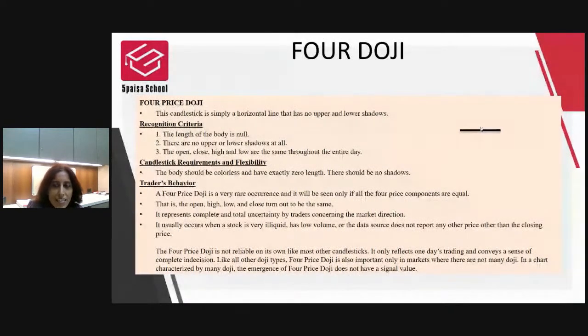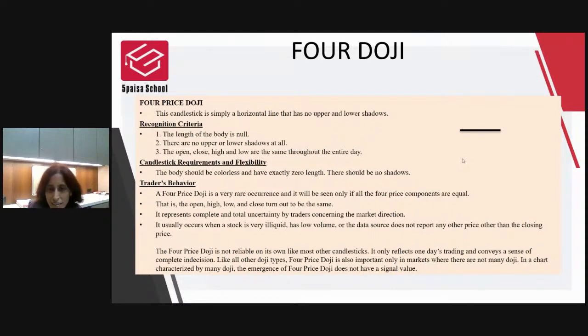And as I said, the open, close, high, and low happen to be the same throughout the entire day, something which is very, very uncommon, right? So it's a very rare occurrence and it will be seen only if all four price components are equal. It represents complete and total uncertainty by the traders concerning the market direction.